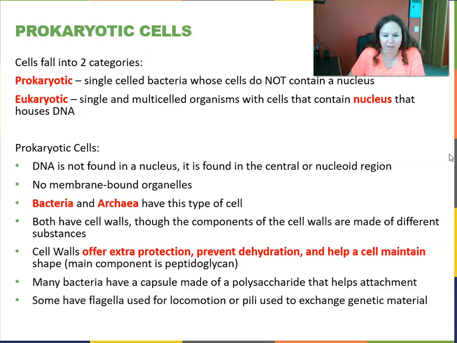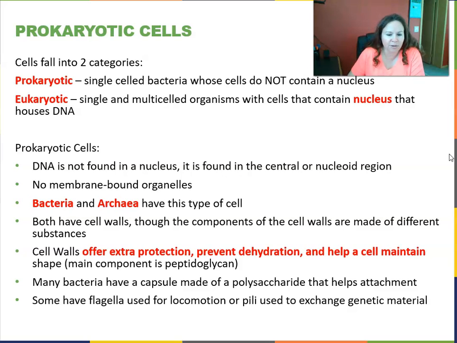Both types of these prokaryotes, though, have cell walls, although the substances that make up those cell walls are different. Cell walls are structures that surround the cell membrane, or plasma membrane, and they offer extra protection, extra structure, help maintain the shape of the cell, and they can even prevent dehydration of the cell as well.